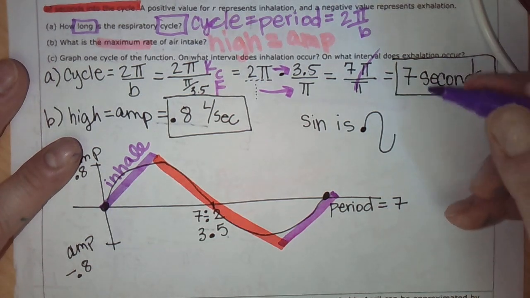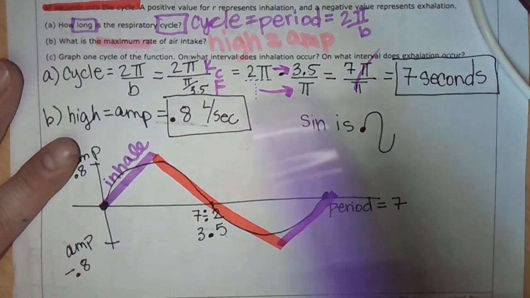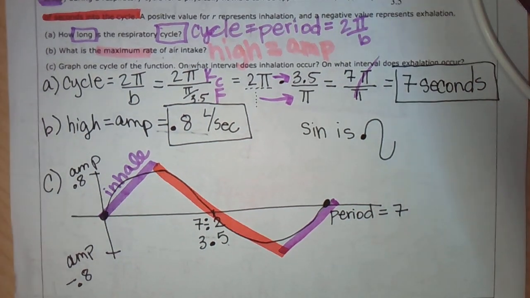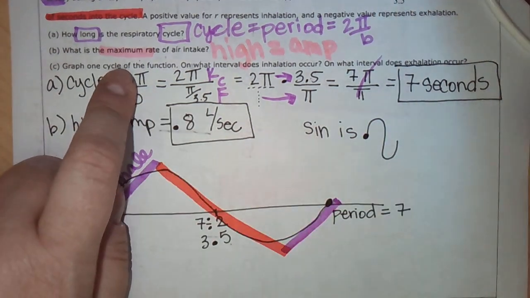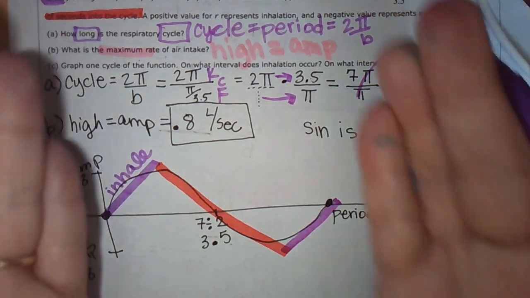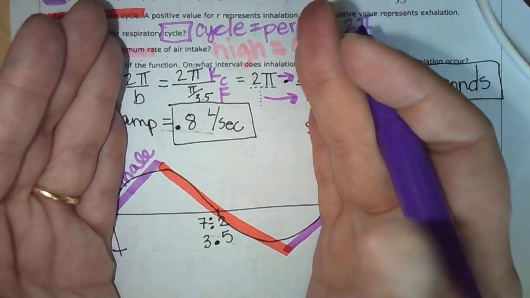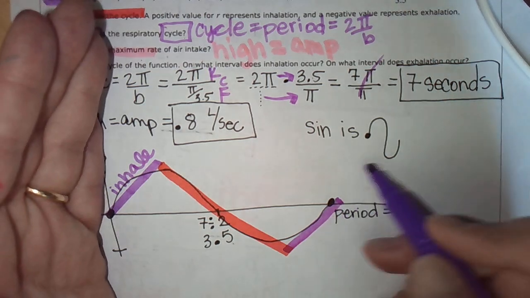Okay, so you might be confused because you thought we were just talking about inhaling once and exhaling once, but this says graph one cycle of the function. That means it only looks at a certain portion of the graph. Remember, this goes on forever and ever.